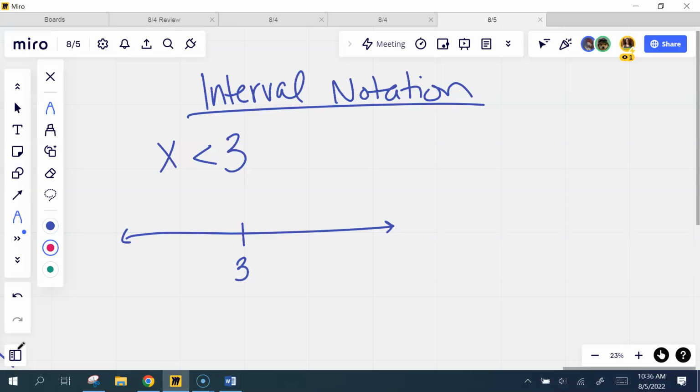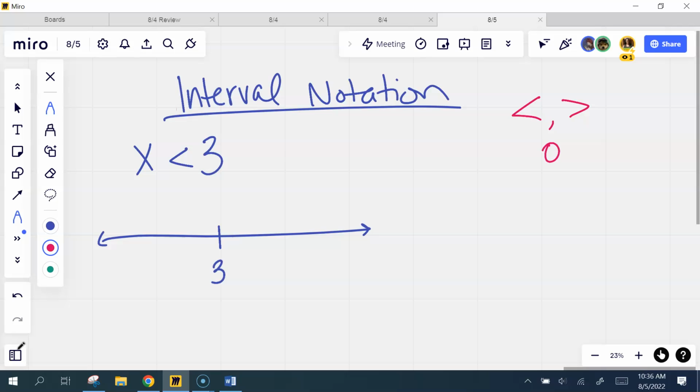If it is less than or greater than, it's an open dot, right? But if it's less than or equal to or greater than or equal to, we fill it in. Why do we fill it in? So you know it includes that number, right?